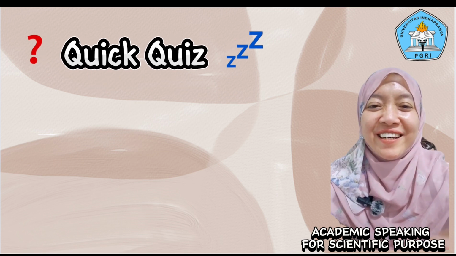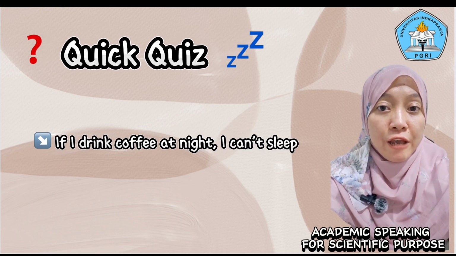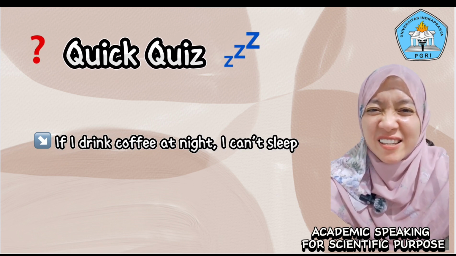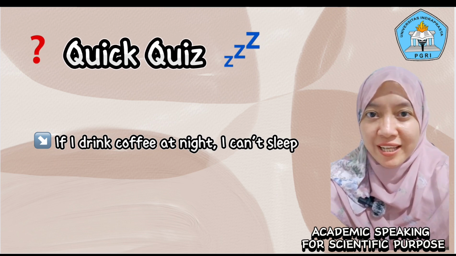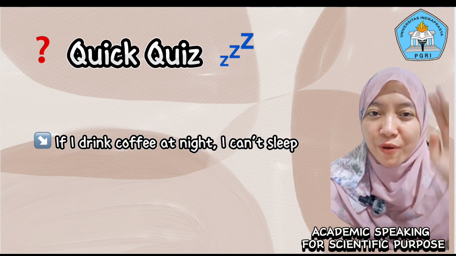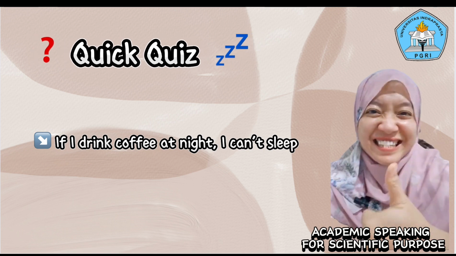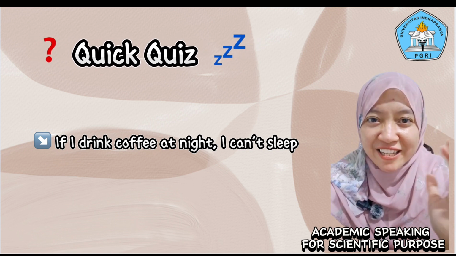Here we go. Now, here is the first sentence. If I drink coffee at night, I cannot sleep. Now, I want you to take a few seconds to think. Who thinks this is type 0? Raise your hand, please. Or shout it out. Yes, exactly. This is type 0, a fact that's always true.